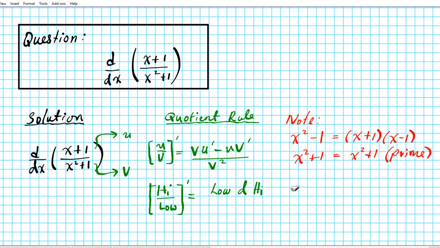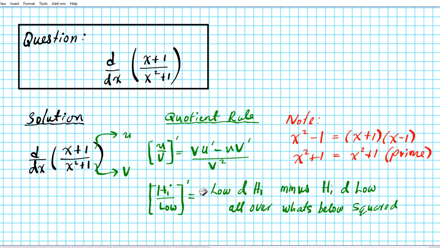So low d high minus high d low, all over low low, or all over what's below squared. That's just a mnemonic device that some students find helpful in helping them remember what the quotient rule is. This is just another way of writing (v u prime minus u v prime) over v squared.